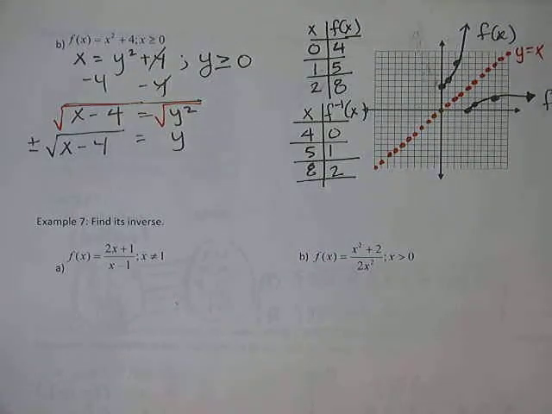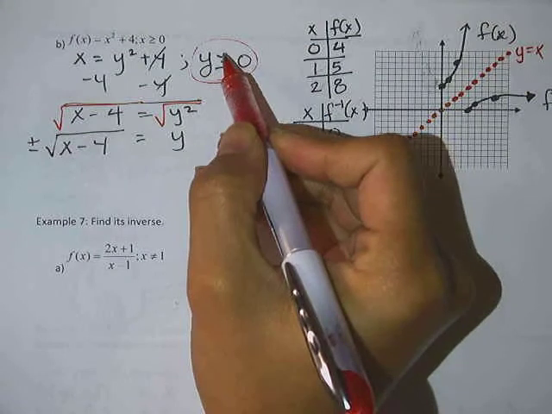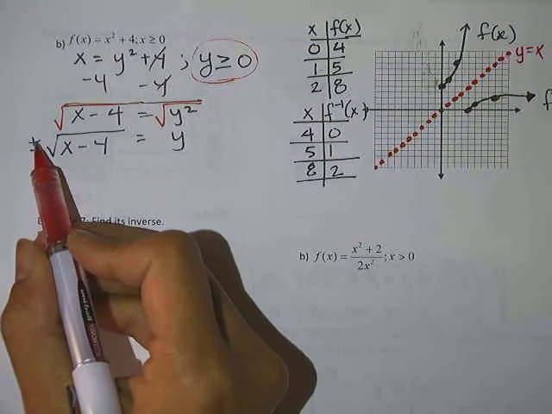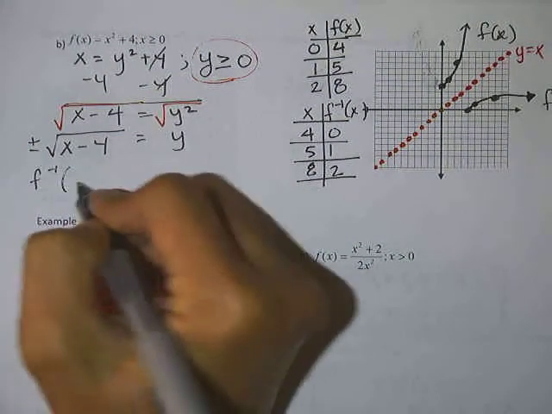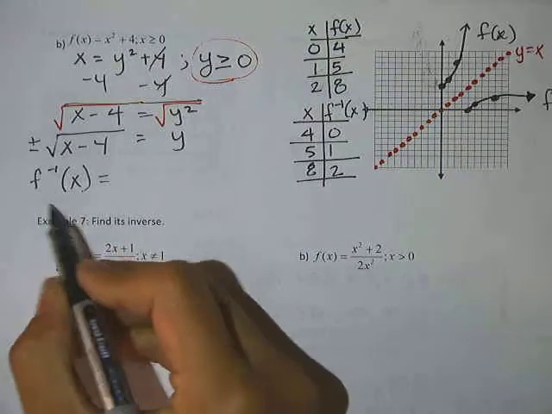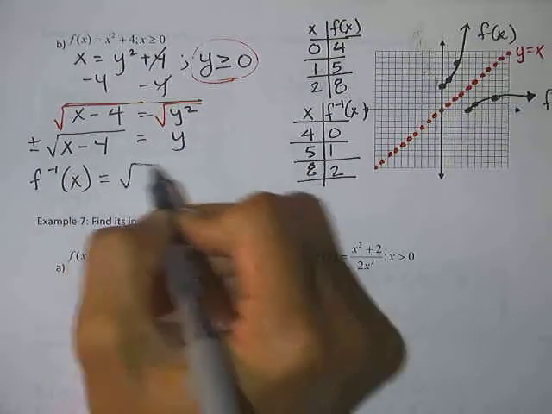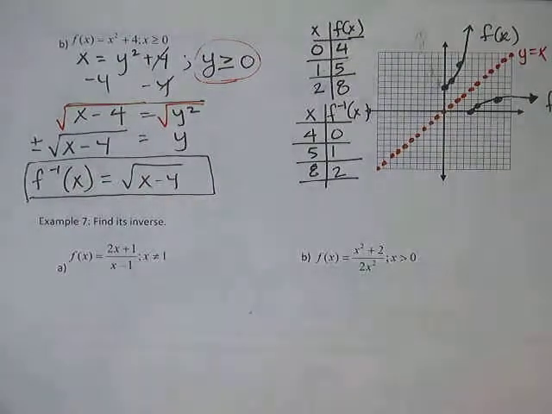Now the problem is this. Earlier, we said y has to be greater than or equal to 0. So right now, this is a negative y and that's a positive y. When you find your inverse function, you can only pick one. Since y is greater than or equal to 0, we're going to pick the positive one. So this is my inverse function: the square root of x minus 4.